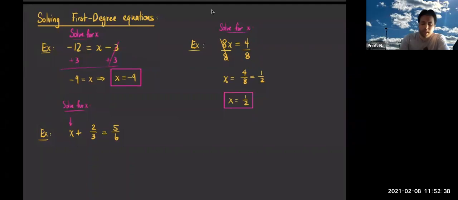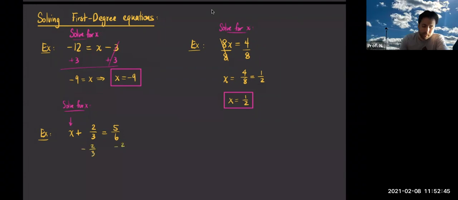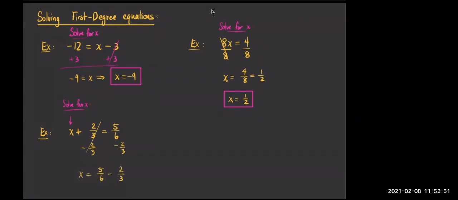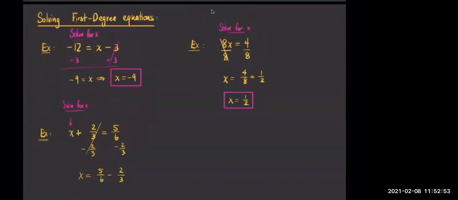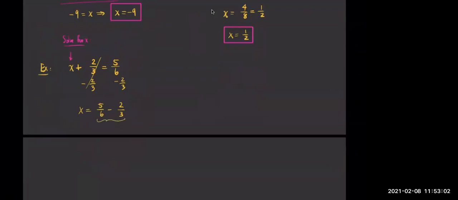But how did you get that? 5/6 minus 2/3. Right. So you subtract 2/3 on both sides. And then the answer is x equals. No, I know, but how did you know what to do after that? Like, remember, this results into what? The difference of two fractions.